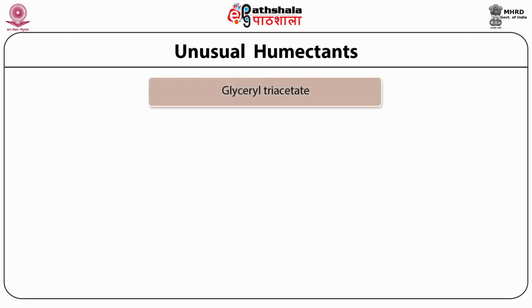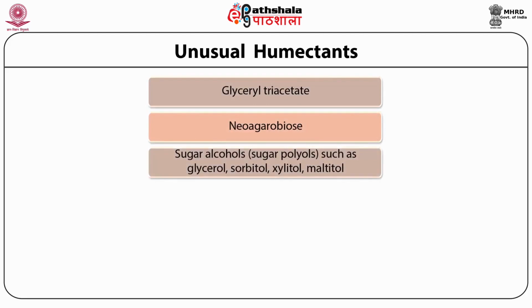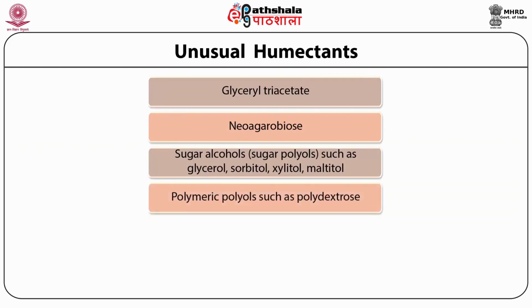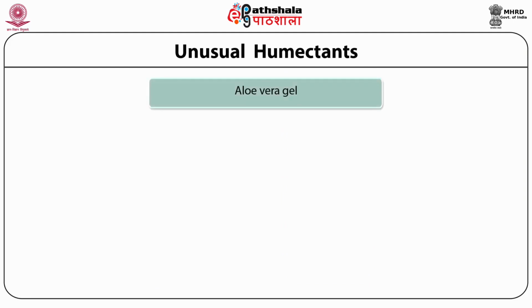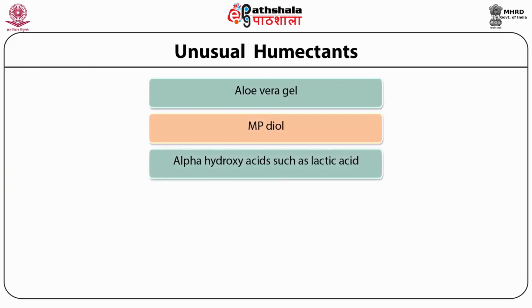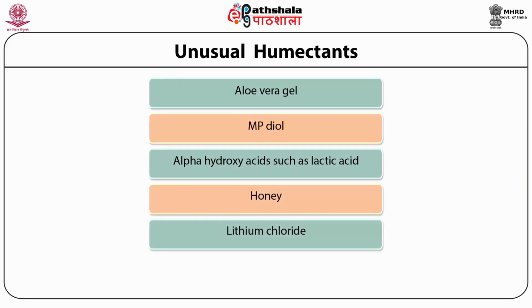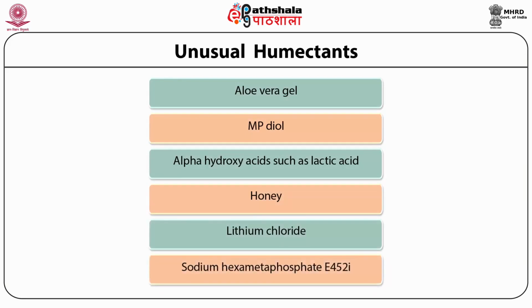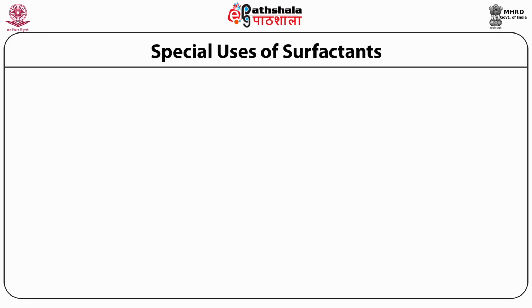These include glyceryl triacetate, neo-agarobiols, sugar alcohols or sugar polyols such as glycerol, sorbitol, xylitol, and maltitol, polymeric polyols such as polydextrose, urea, aloe vera gel, MP-diol, alpha hydroxy acids such as lactic acid, honey, lithium chloride, sodium hexametaphosphate, E452I.